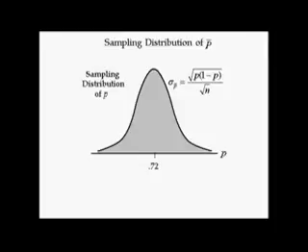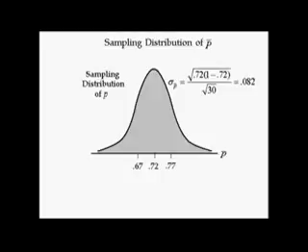The standard deviation of the sample proportion is equal to the square root of the product of p and 1 minus p divided by the square root of the sample size, which is equal to the square root of 0.72 and 0.28 divided by the square root of 30, which is 0.082. 0.67 is 0.05 below 0.72, while 0.77 is 0.05 above 0.72.